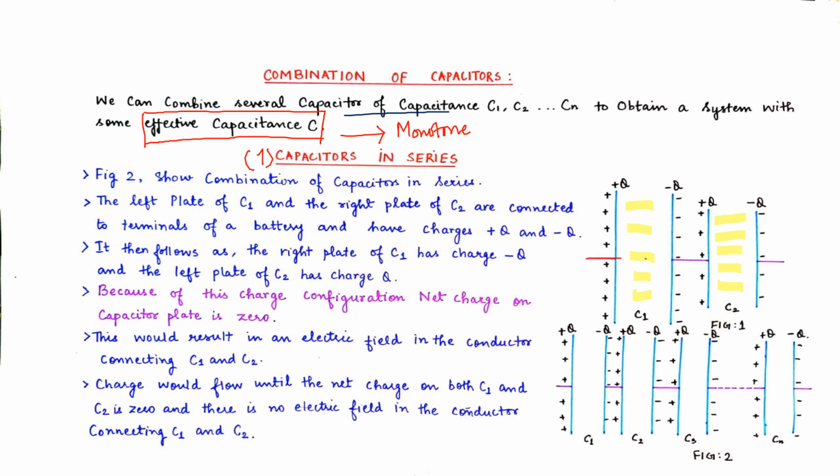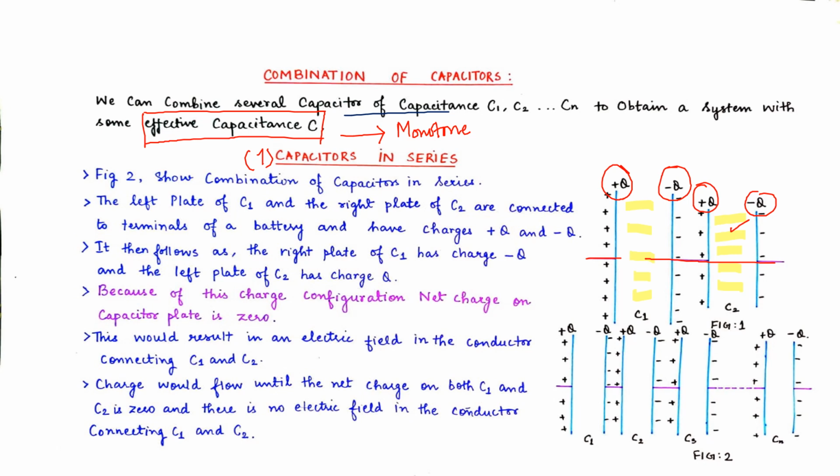Now, one plate of the capacitor contains plus Q charge, and as we have read while learning about capacitors, in similar fashion the other plate contains a charge of minus Q. Capacitor C2 follows the same trend, one plate containing plus Q charge and the other minus Q charge. Similarly, all the capacitors will have plates containing plus Q and minus Q charge.